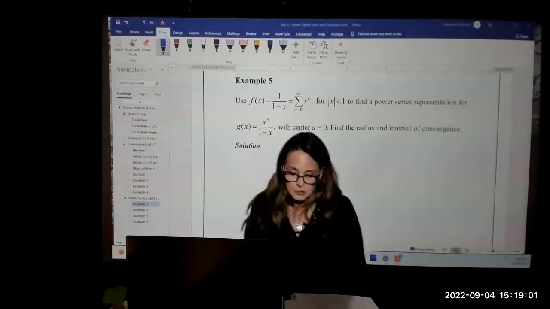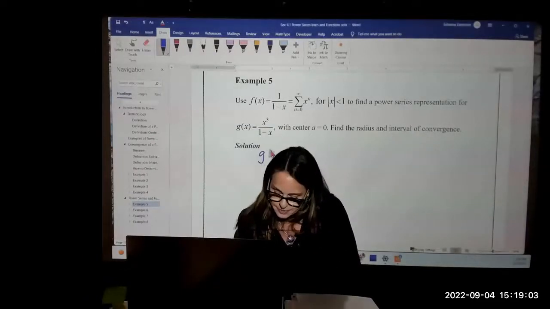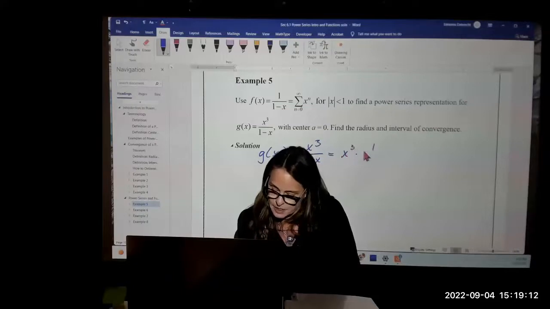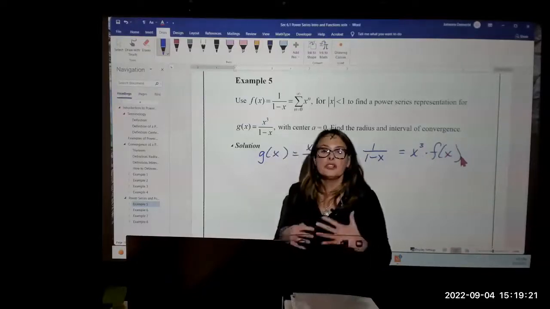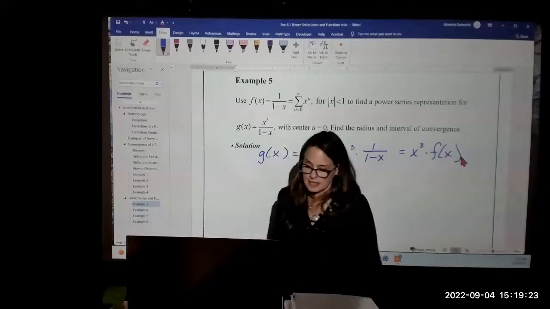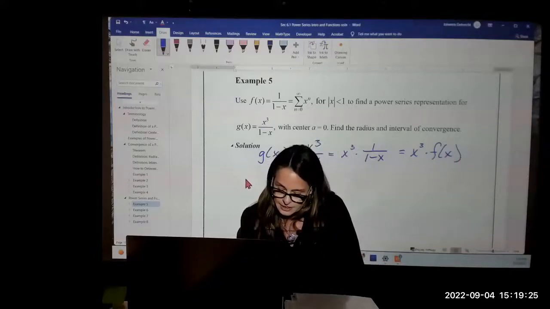So what we want to do then is rewrite g of x, which is x cubed over 1 minus x, instead as x cubed times 1 over 1 minus x, which is basically x cubed times the function f of x. So then we should be able to write instead the series of x cubed times the series n equals 0 to infinity of x to the n.